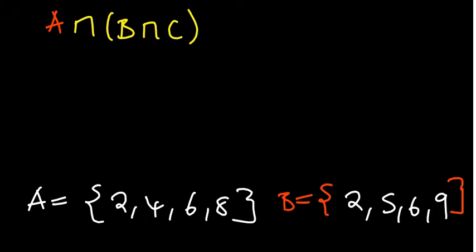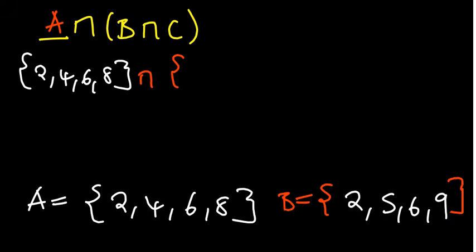So what this means is that on the left hand side, I'm having set A. Now my set A, I'll write it as it is. We have 2, 4, 6, and 8. Now I'll write the intersection. Now we need to find the intersection of B and C. B intersection C now requires us to find the common elements between B and C. Now this reminds me that I don't have C in my example.